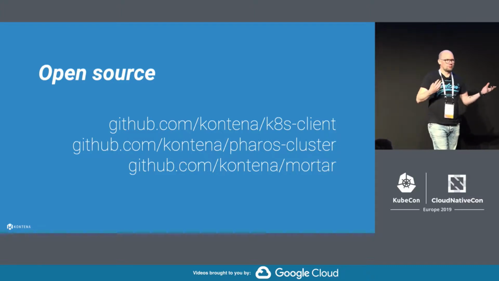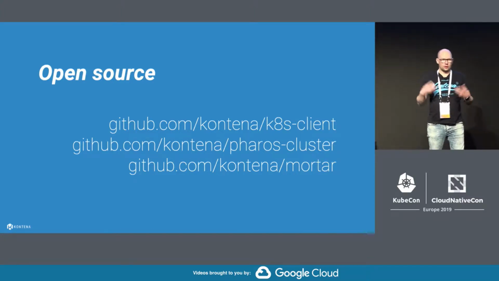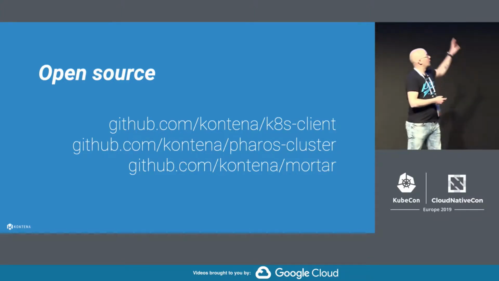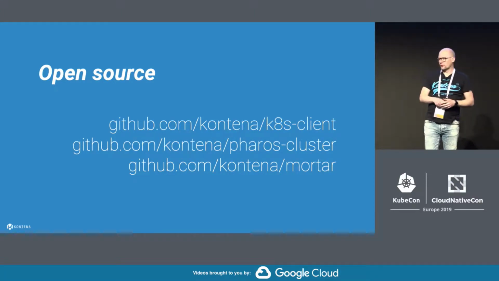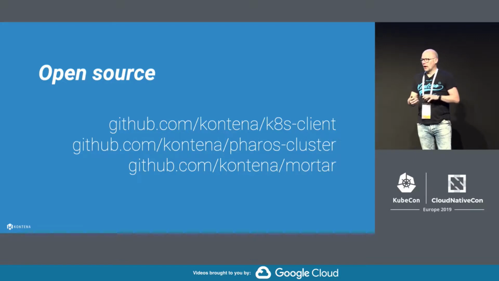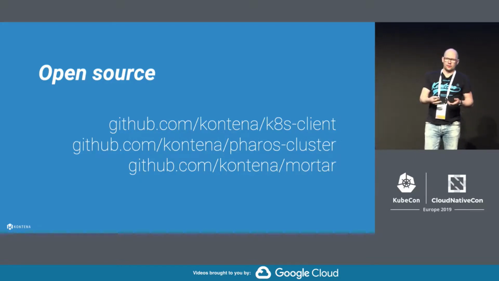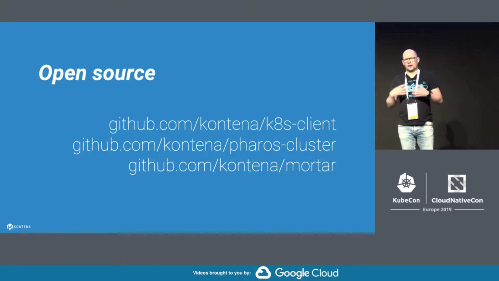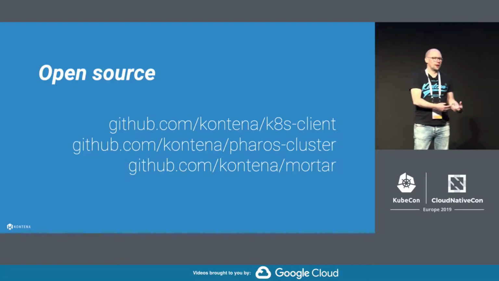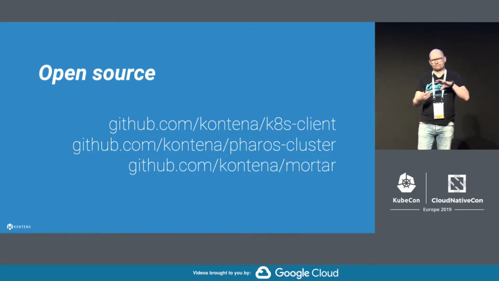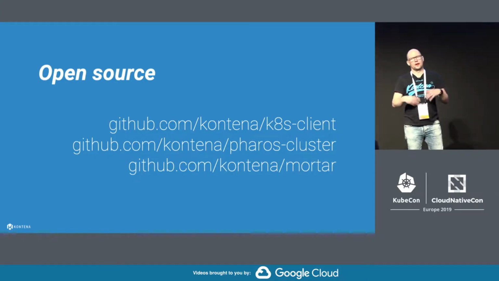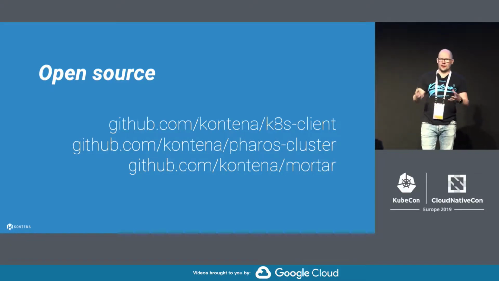Basically everything I'm talking about is open source, the main one being the K8s client that we have, under the Apache 2 license. Pharos cluster is also open source, and it's the main user of the client library. On top of the client library, we've also created another deployment tool called Mortar, which helps you manage this complex set of resources.